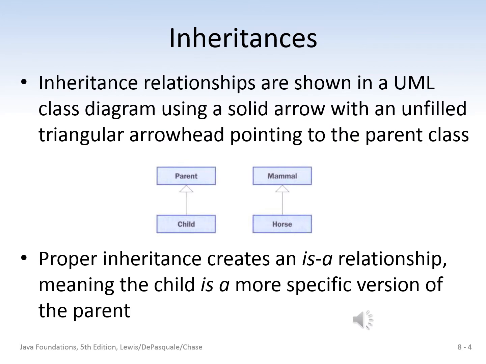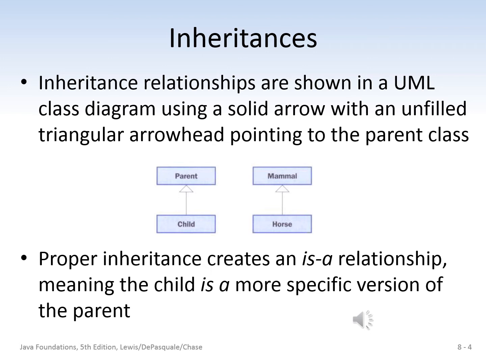Here we have a UML diagram that shows inheritance using a solid arrow with an unfilled triangle arrowhead pointing from the derived class or child class to the parent class. And inheritance creates an is-a relationship.